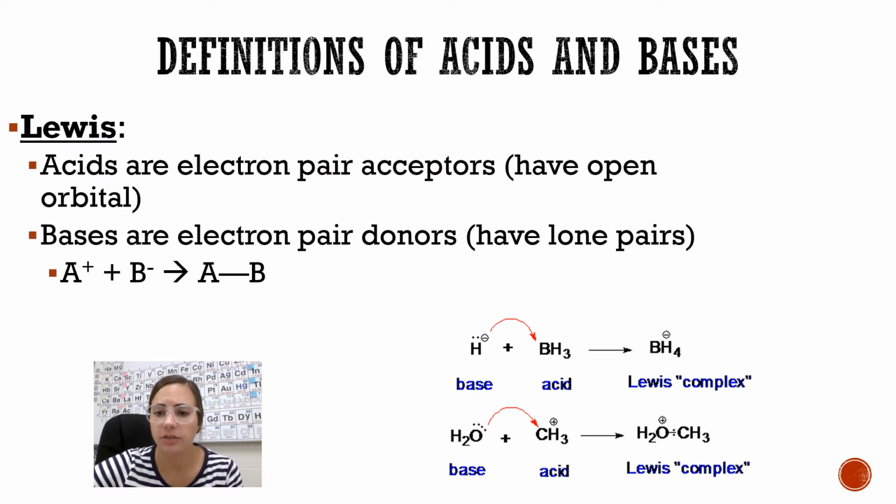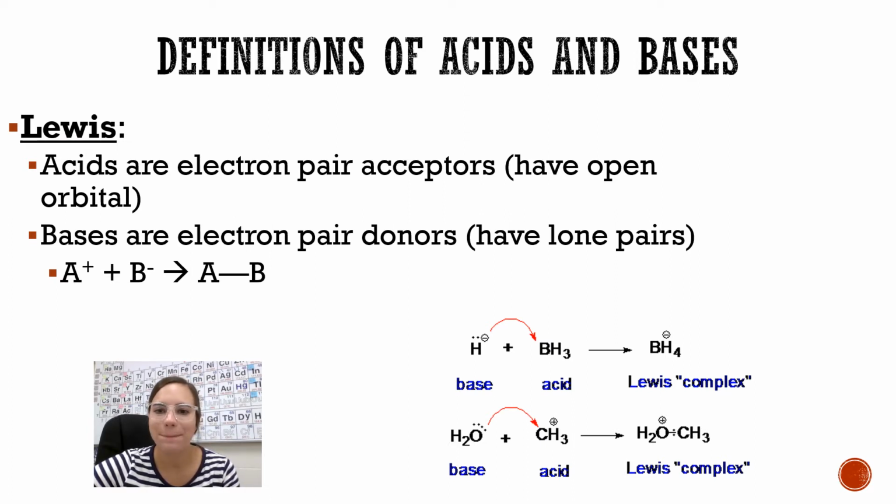Another definition of an acid or a base is a Lewis acid or a Lewis base. Now, we're not going to see these very often. We're not going to use them very often. You just need to be aware of the Lewis definition. So if an acid is a Lewis acid, it is an electron pair acceptor. It has an open orbital that can accept an electron pair.